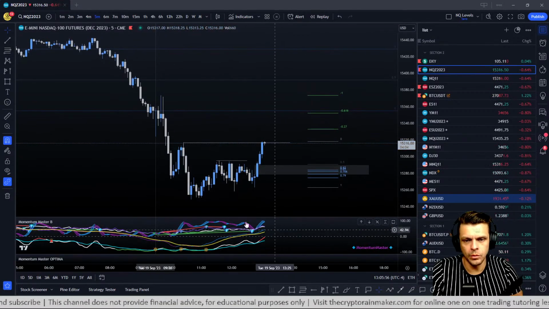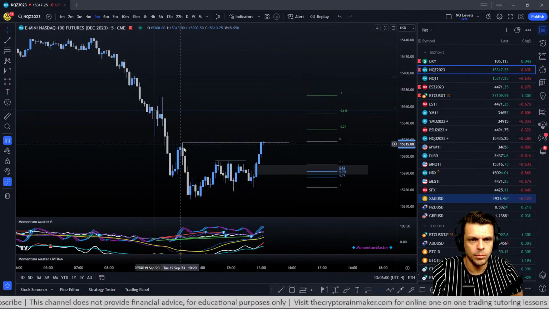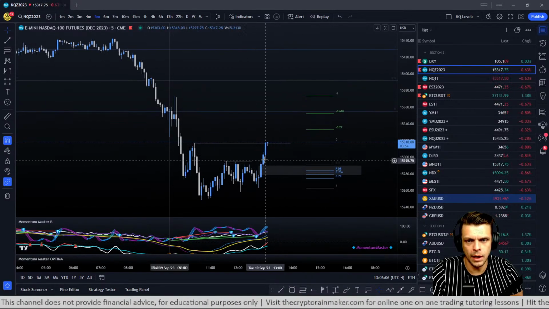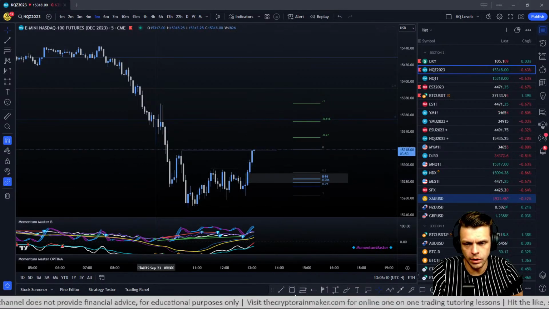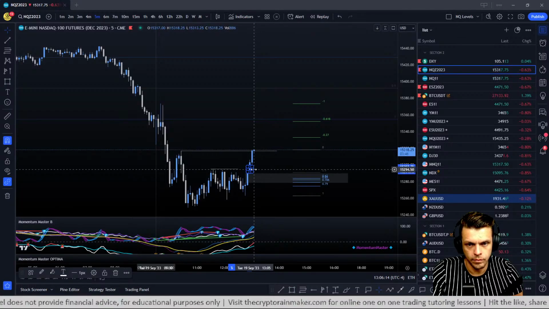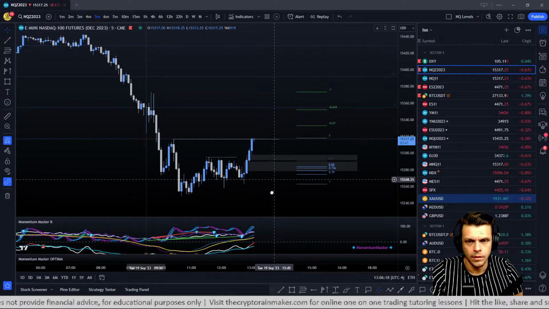Okay, that's 5 minute wants to reset. Everything is overextended. It's starting to dig into this little pool of buy side liquidity. So it's likely it comes back into one of these fair value gaps. We have this one right here, and then there's another one right there.